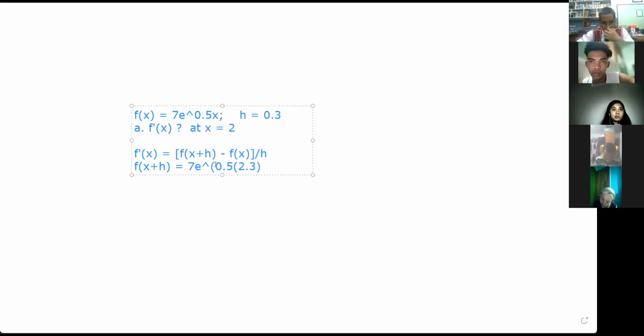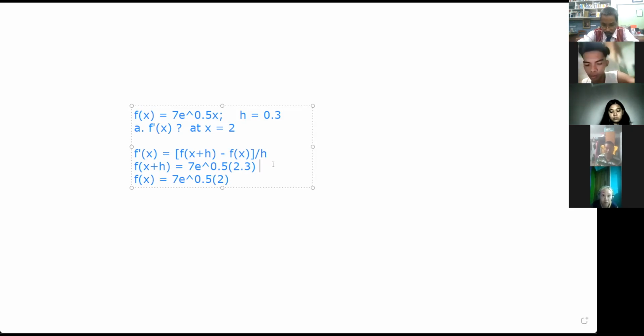That is how you do it. And f(x) is equal to 7 times e raised to the exponent 0.5 times 2, by substituting x equal to 2 and h equal to 0.3.